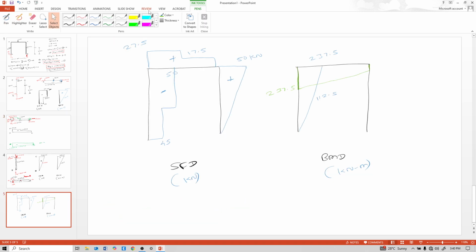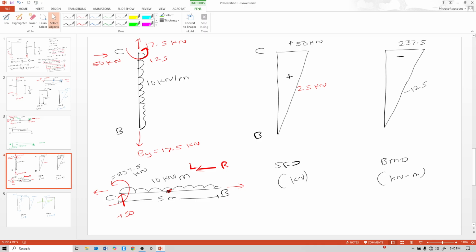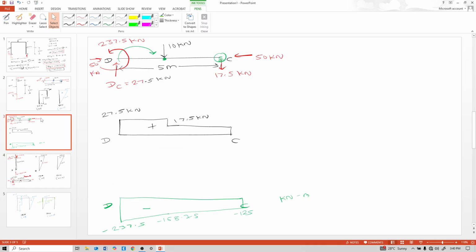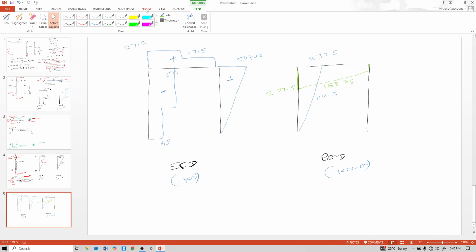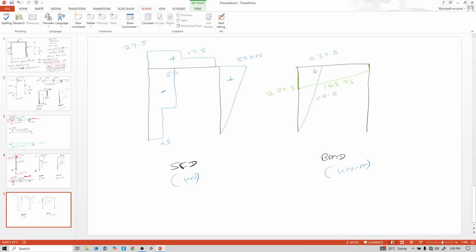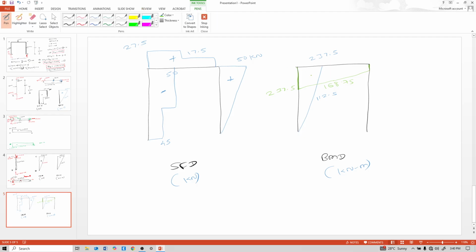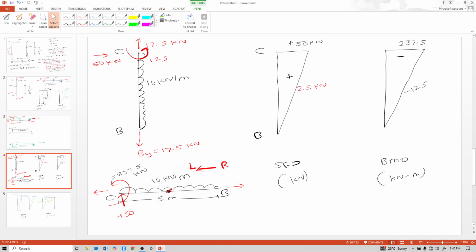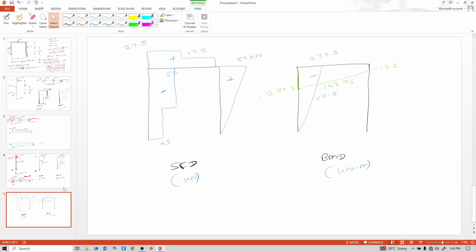And 125. This is negative. It's 50.25, 237.5, 125.